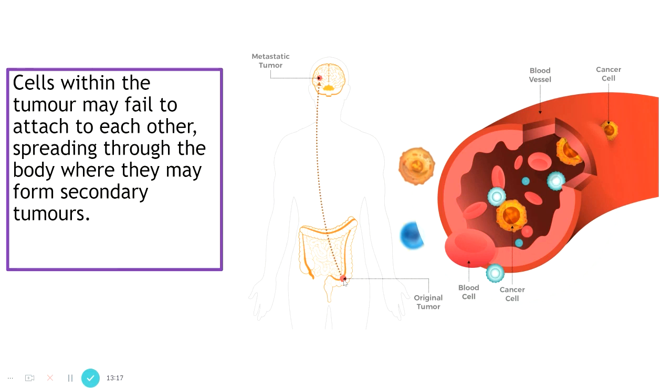One of those abnormal cells may fail to attach to the rest of the mass and then spread through the circulatory system and eventually reach a secondary location. So it travels through the blood system and, for example, could attach and form a secondary tumour, in this example, in the brain. So it travels in the bloodstream after failure to attach to the original mass.